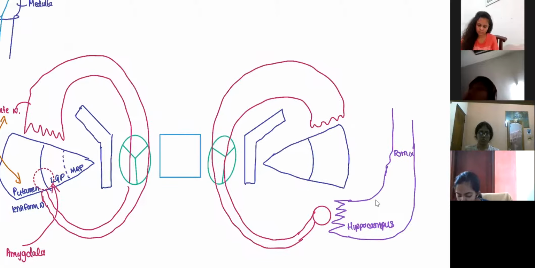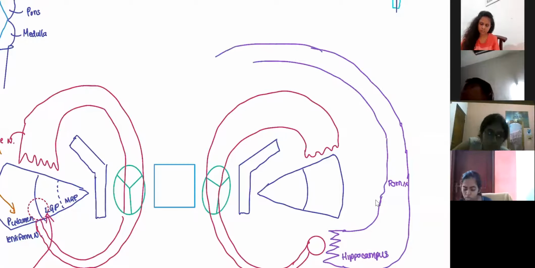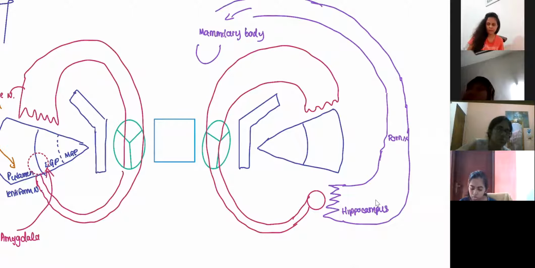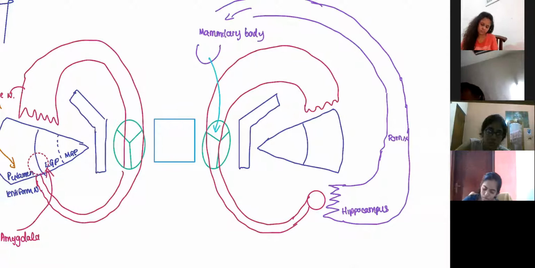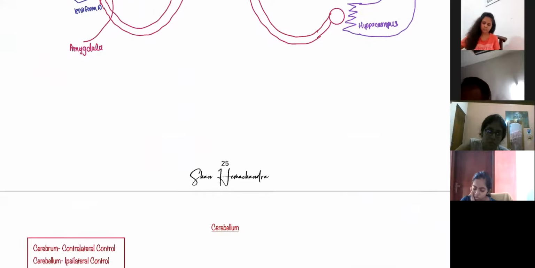I will draw another diagram to explain this. And it goes to the mammillary body. Okay. So I told you in the mammillary body, there's a fiber connection to the anterior thalamus. I hope you guys understand this. I'll show you guys an image from the anatomy app.